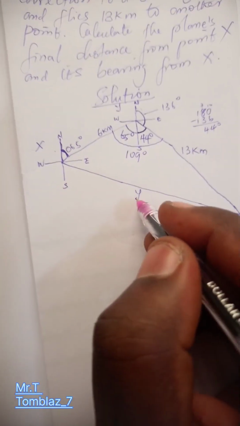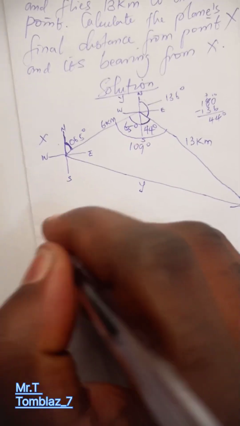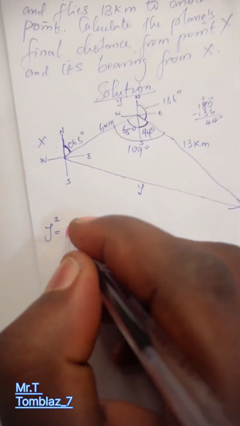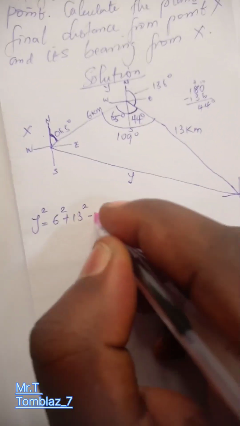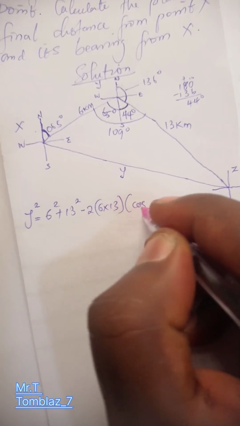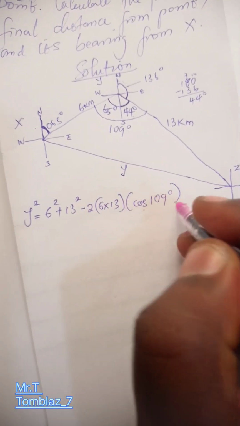So with this value now, we can use the cosine rule to find y. Here we have y squared equals this other side, 6 squared, plus this other side, 13 squared, minus 2 times 6 times 13, then cos of the angle opposite y, which is 109 degrees.